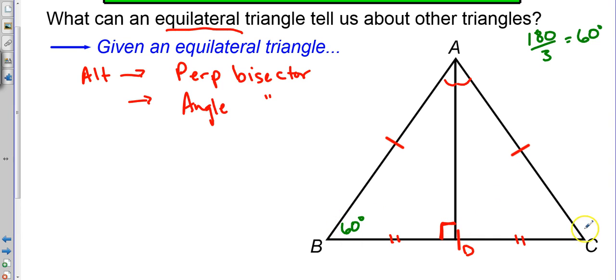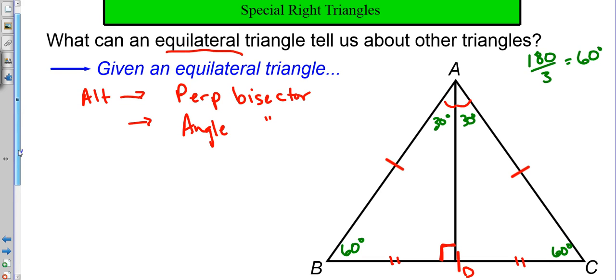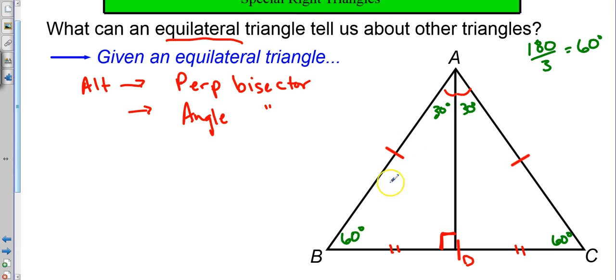So this is going to be 60, this is going to be 60, and because this altitude is also an angle bisector, this whole angle would be 60, but I've chopped it in half, and so this is now going to be 30 degrees, and this is going to be 30 degrees. So what we've created basically, from an equilateral triangle, is these two 30, 60, 90 triangles.